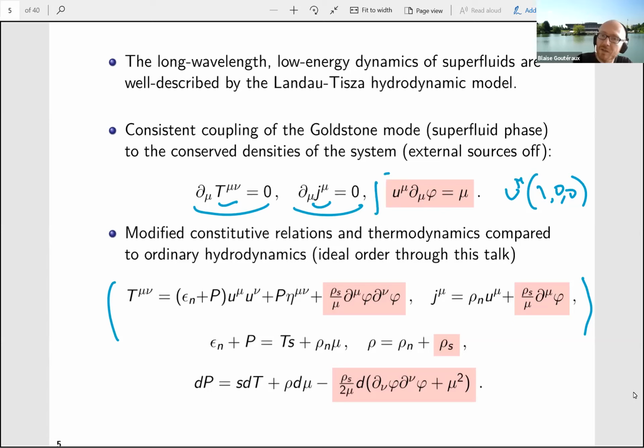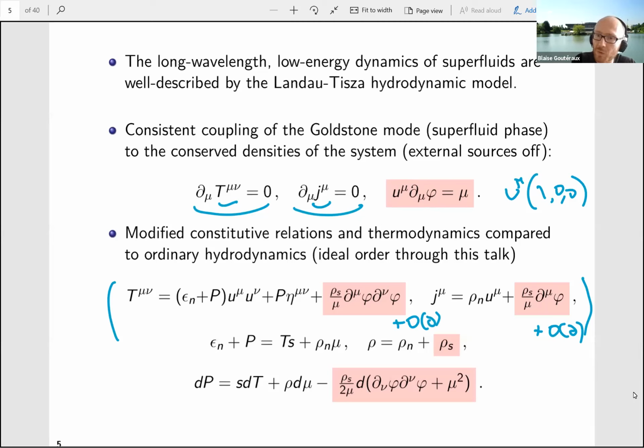However, this is not an equation which is protected by symmetry. It's not on the same footing as the previous two, because the Goldstone mode is not a conserved quantity. So in particular, when you start expanding this in gradients, I'm getting a little bit ahead of myself, but here you would write plus all the gradient terms, and here the same, plus all the gradient terms.